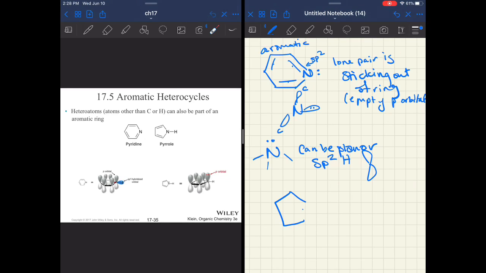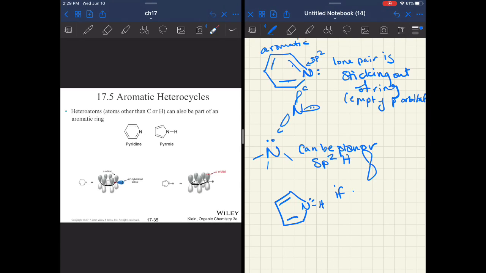The main thing that you have to get over, and this is more of an issue with pyrrole, is the fact that the hybridization you learned in Gen Chem is a little bit more nuanced. This nitrogen here has a lone pair, but in this case, you don't have a double bond, so you don't have a pi bond already giving you that p orbital.